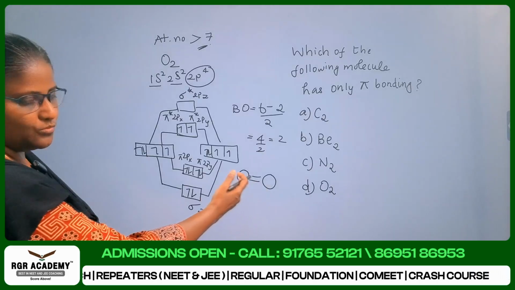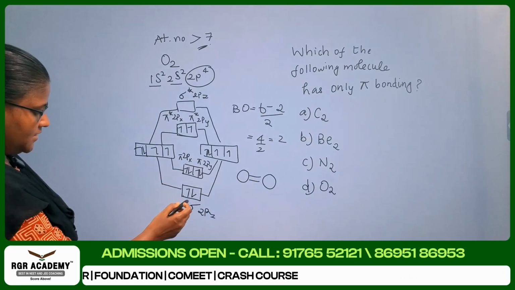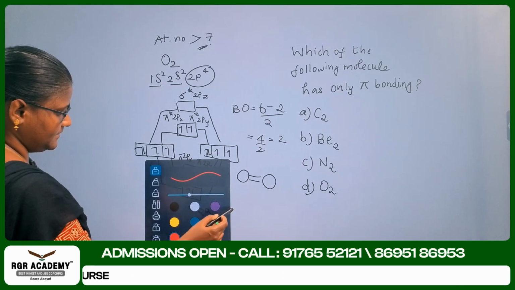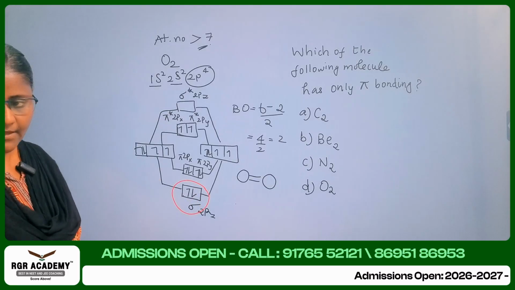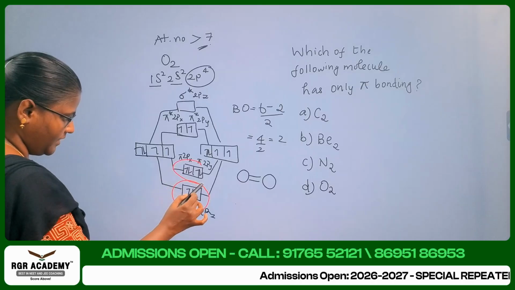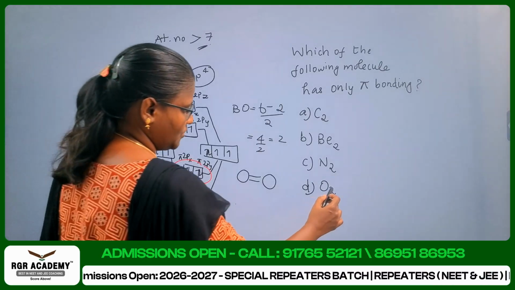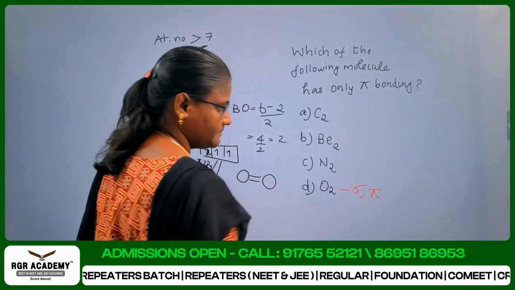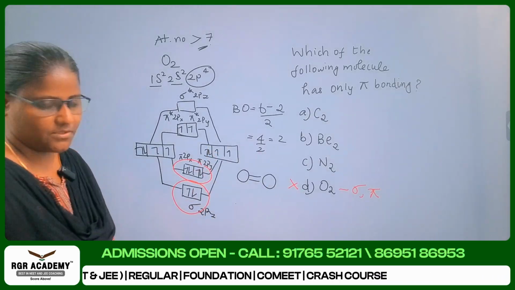See, O2. I have already written the MO picture for O2. You see here, the sigma is completely filled, and then the pi orbital is also completely filled. So the oxygen has the sigma bonding as well as the pi bonding, so this may not be the correct answer.